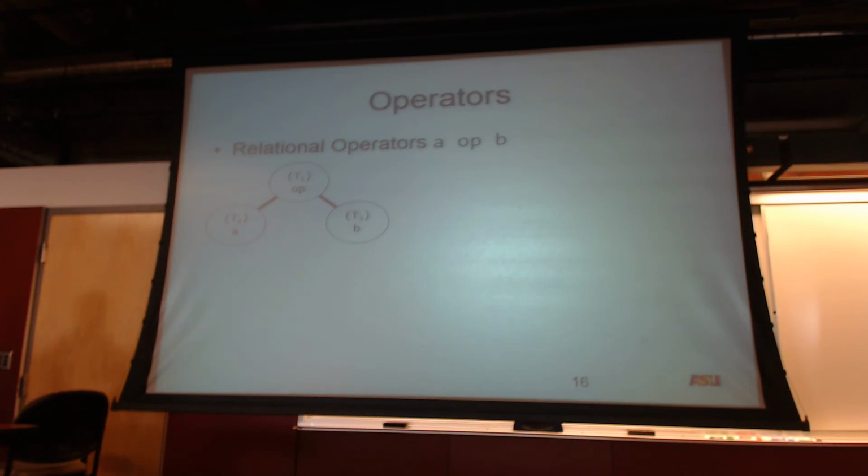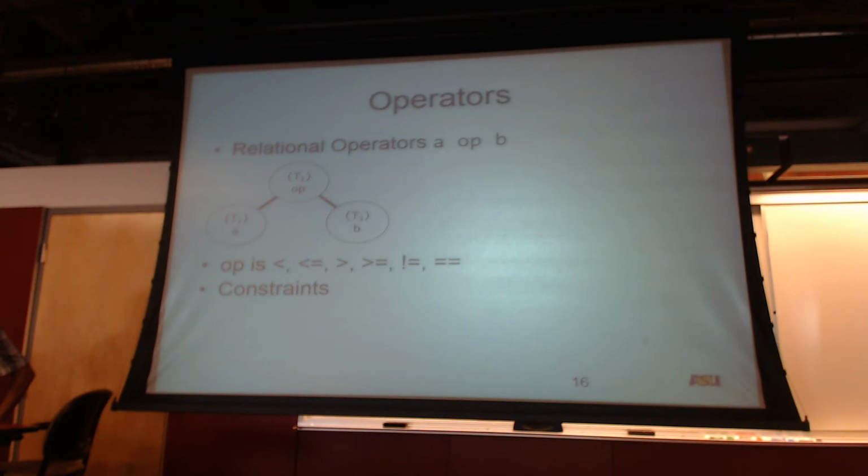OP's return type will be T1, let's assume. Let's assume A has type T2, and B has type T3. So three things: OP's return value, then OP's arguments. OP can be less than or equal to, greater than or equal to, not equal to, or double equal, right?